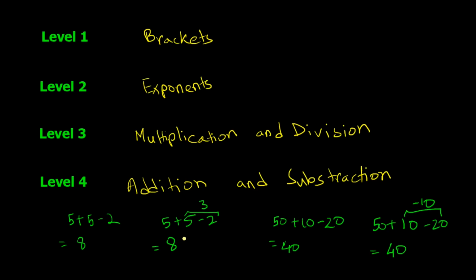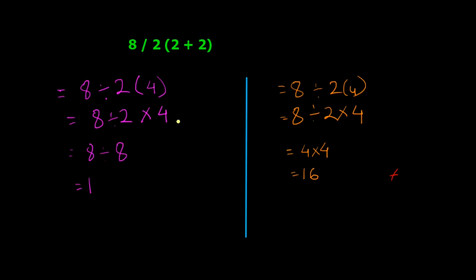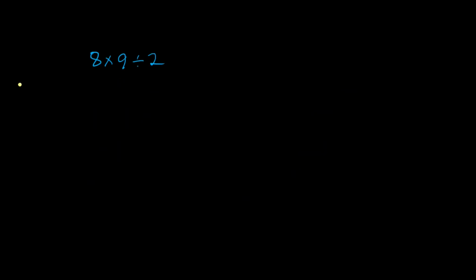But for multiplication and division, as we have seen in this one, it really does matter if we do division first or multiplication first, right? However, the rule when you come across an equation like this, suppose we have 8 times 2 divided by 2, is that you go from the left hand side.